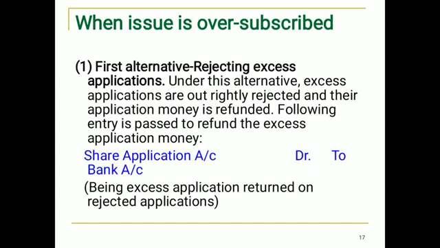If I say I will reject, you just have to consider that the shares are issued by my company. So they will be rejected by the company and the amount will be refunded, meaning the amount is returned to those people. The journal entry for returning that amount is: share application account debit to bank account.